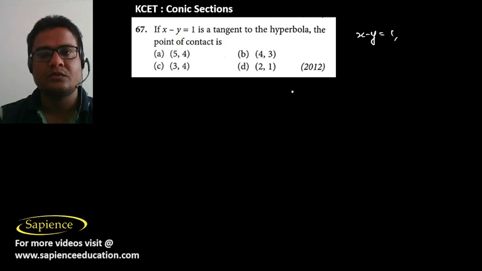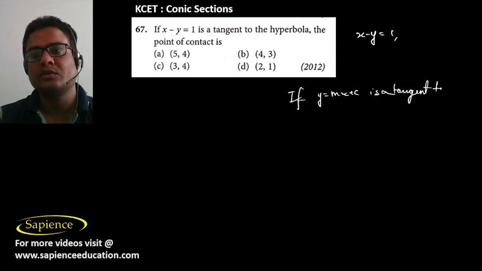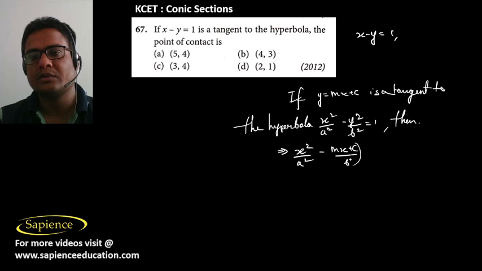So we know that if y is equal to mx plus c is a tangent to the hyperbola x square by a square minus y square by b square equal to 1, then we will have x square by a square minus (mx plus c) by b whole square, that is equal to 1.